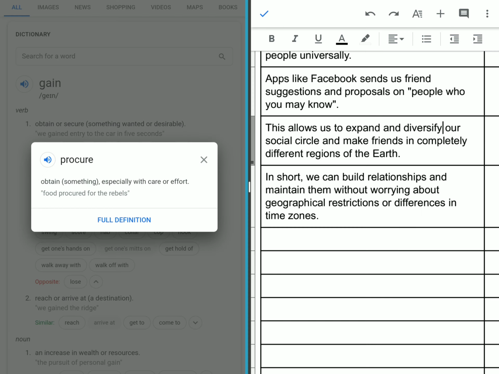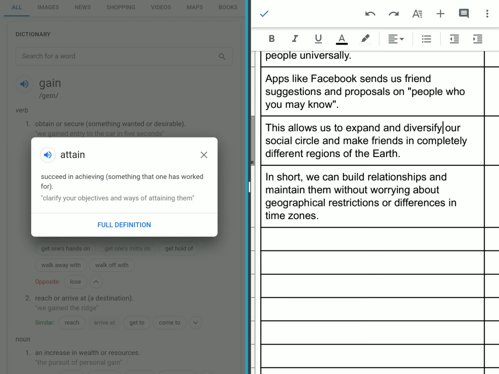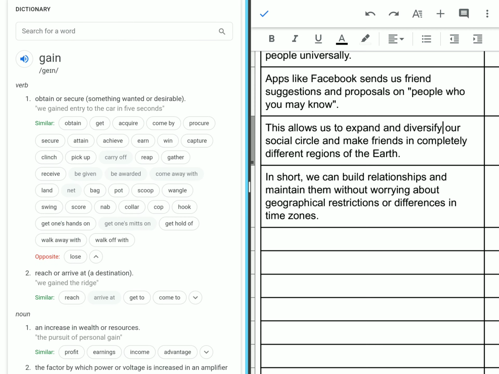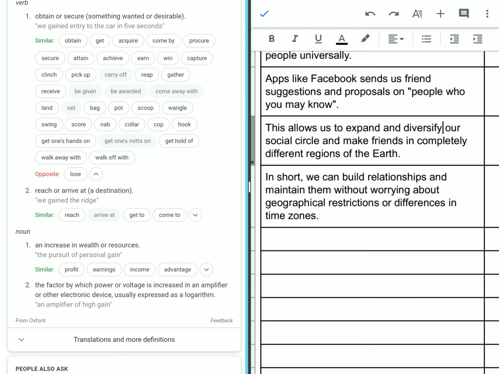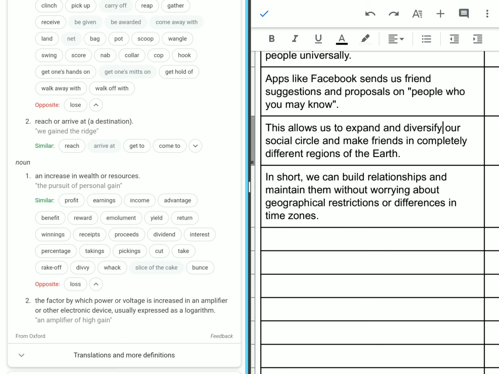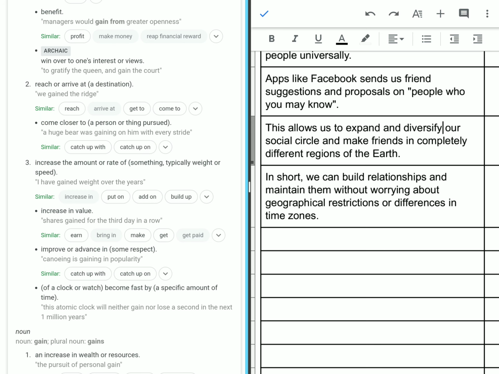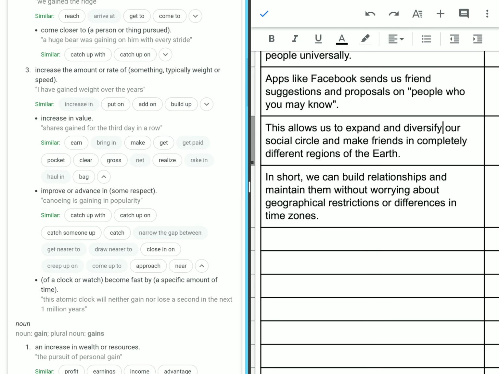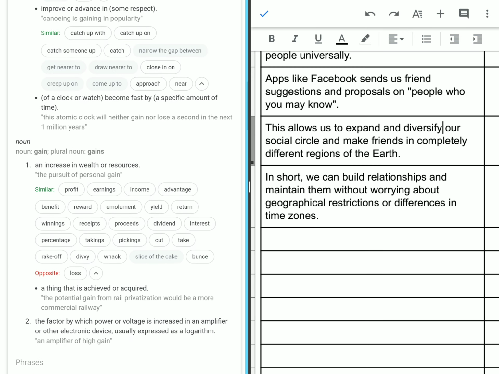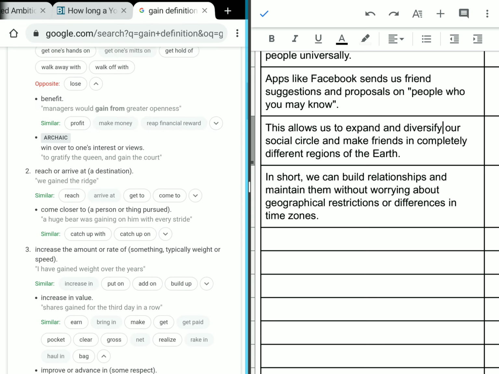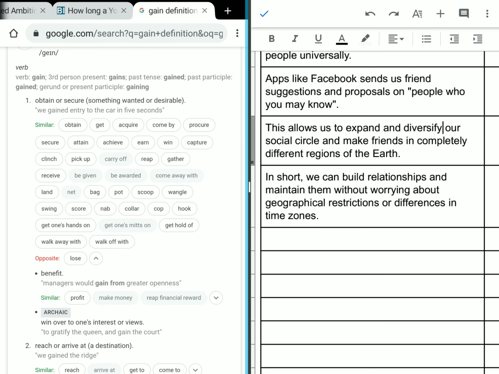Obtain with care or effort. We don't do that with friends. Attain, succeed in achieving something you have worked for. I mean, we need to work for friends, but we don't say it that way. You can even use your own words. You don't have to use mine or what I've shown. What I've shown here is just an example of what we could possibly write.